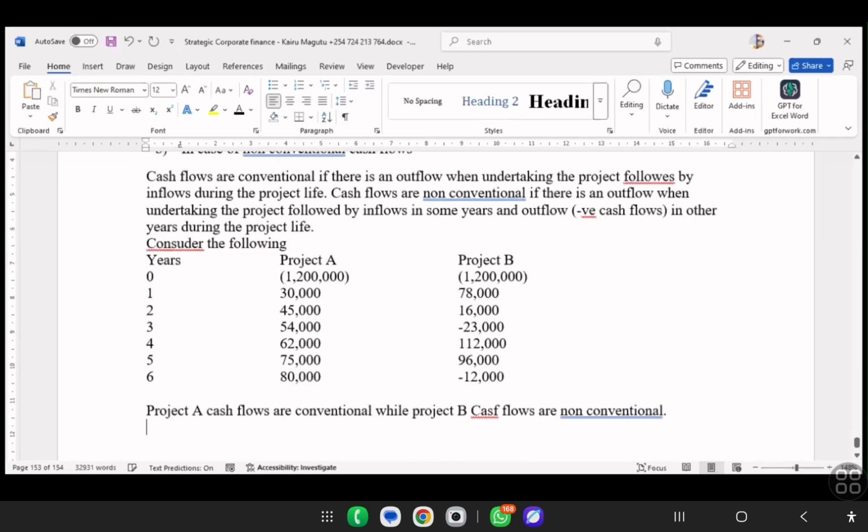If you could determine the NPV of these two projects, they are likely to be ranked differently between the NPV and IRR.